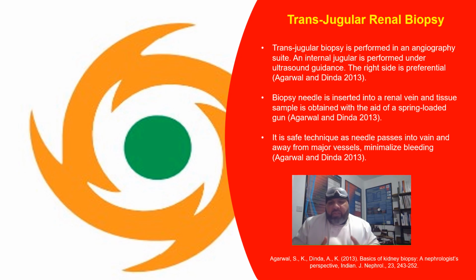A biopsy needle is generally inserted into one of the renal veins, and the tissue sample is obtained with the aid of a spring-loaded gun. It is generally a safe technique, as the needle passes into a vein and away from major vessels, minimizing bleeding as well.